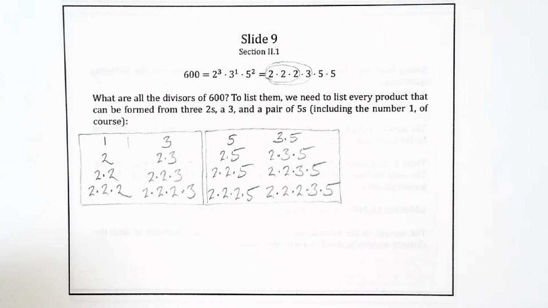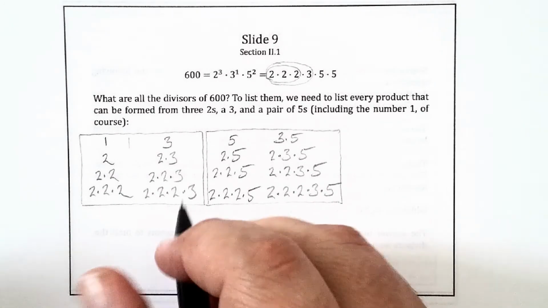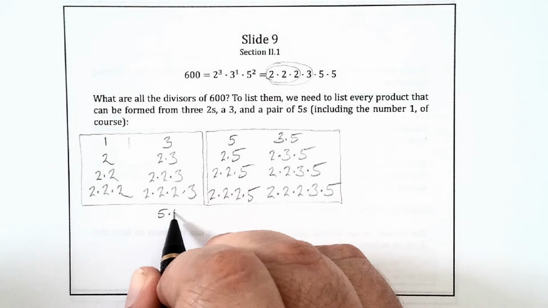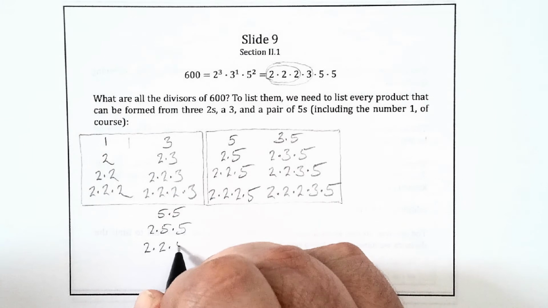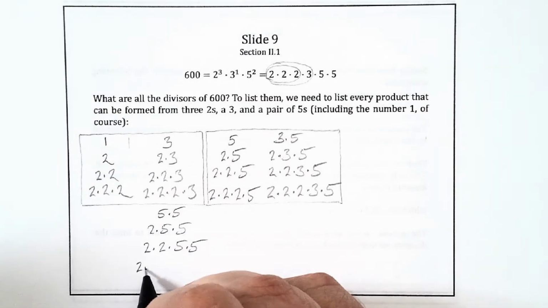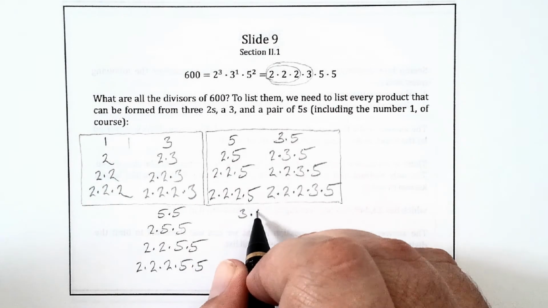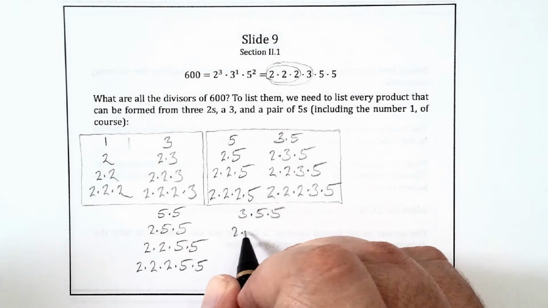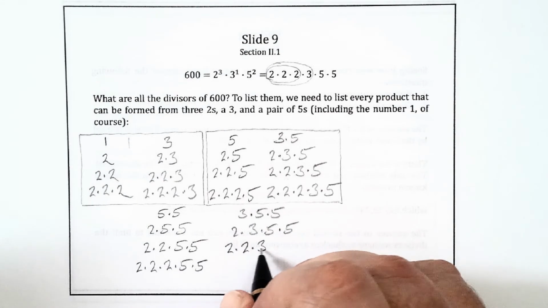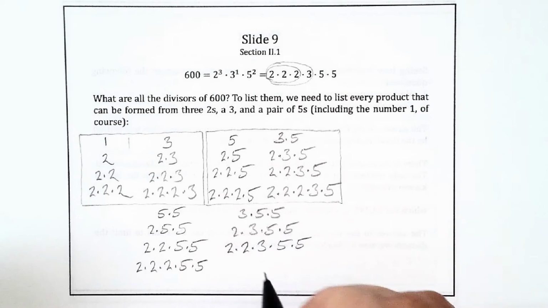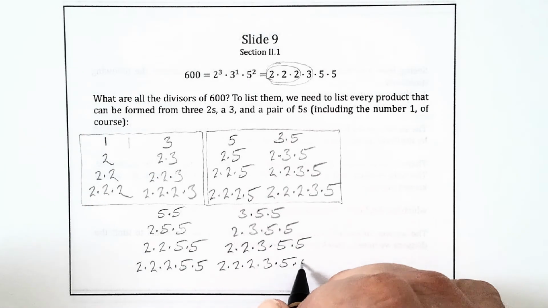The third block I can get by multiplying by that second 5. Now I was going to try to squeeze it here, but I ran out of space, so we'll just put it below. Let's see, we have 5 times 5, 2 times 5 times 5, 2 times 2 times 5 times 5, 2 times 2 times 2 times 5 times 5, 3 times 5 times 5, 2 times 3 times 5 times 5, 2 times 2 times 3 times 5 times 5, 2 times 2 times 2 times 3 times 5 times 5.